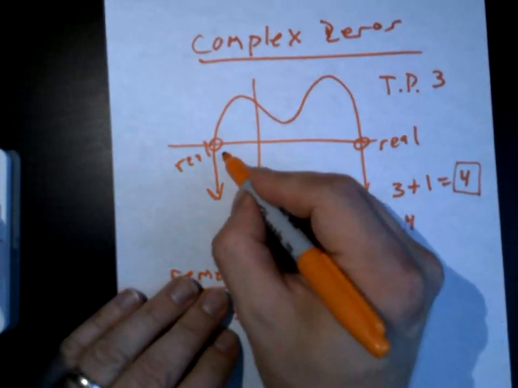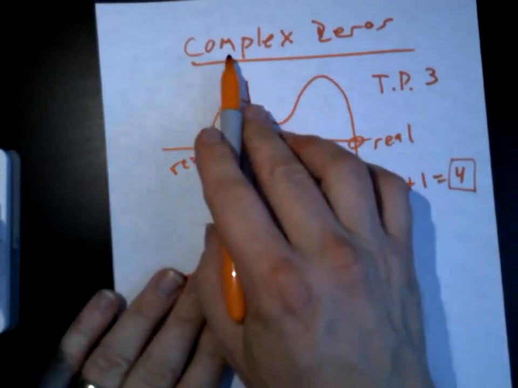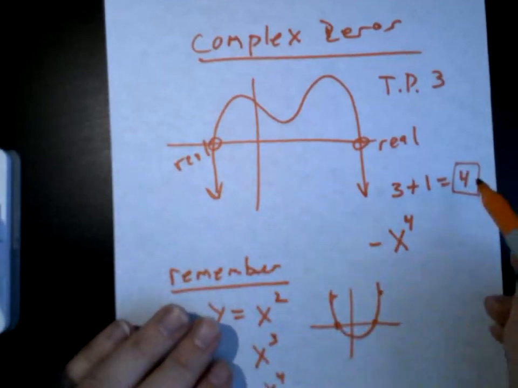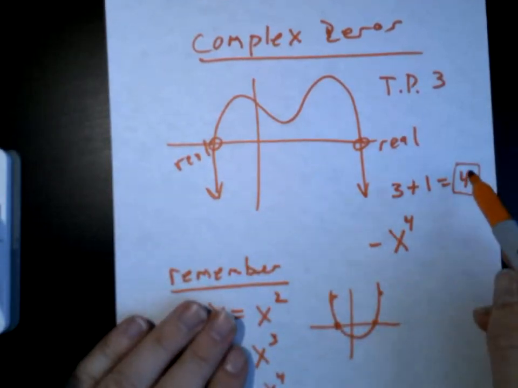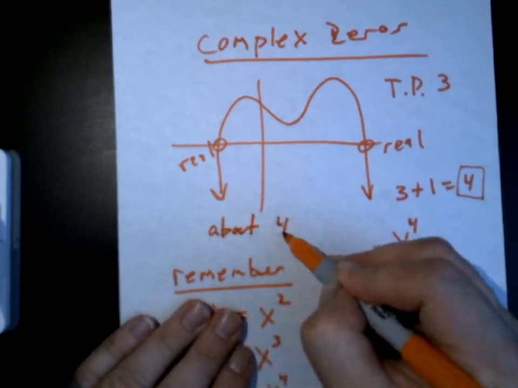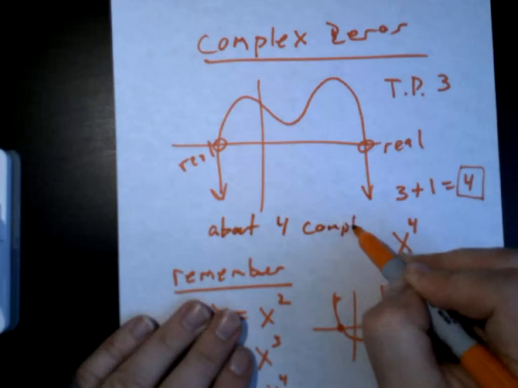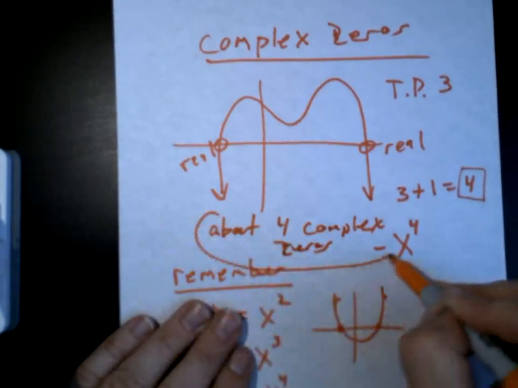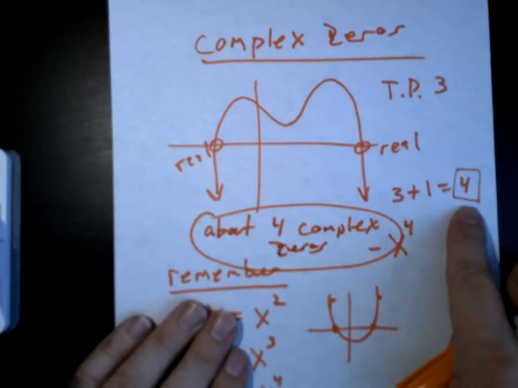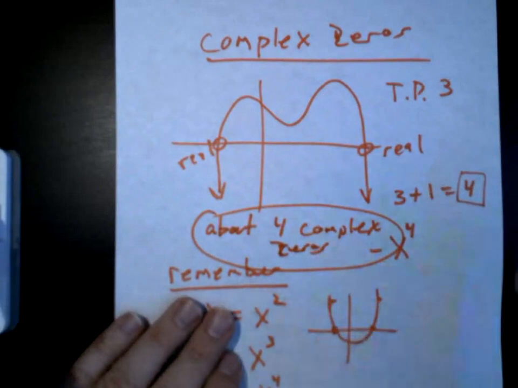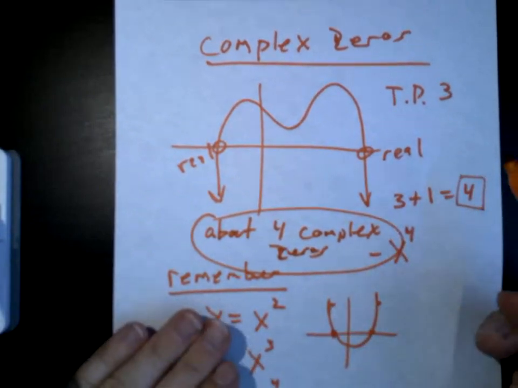So where are they? Well, I don't know where they are. They are complex numbers. So here's what you're going to do. This could have 4, or let's say about 4 complex numbers. When I mean complex zeros, this degree is 4. This could have all complex numbers.